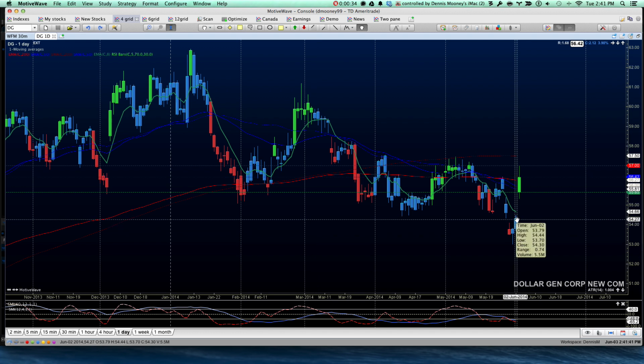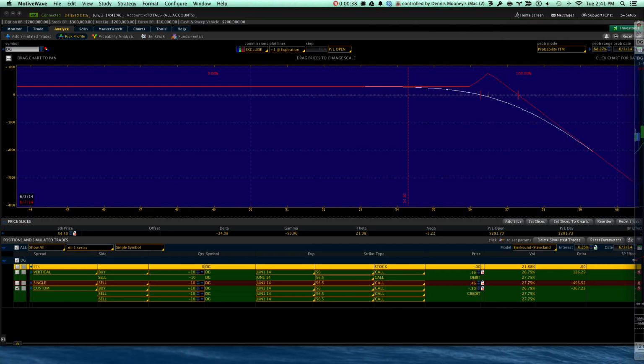So sometime in the afternoon, the following trade was put on. For that, we're going to use thinkorswim's Analyze and Risk Profile tab. This trade was put on right here. I personally put on a trade to buy the June weekly 56 call and sell an equal amount of the 56.5 and the 57.